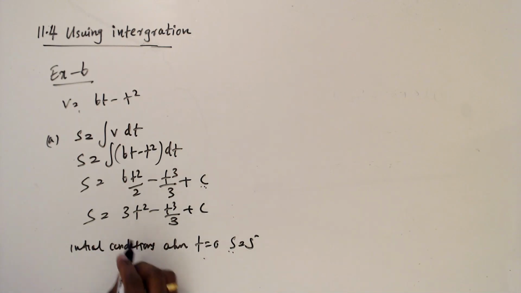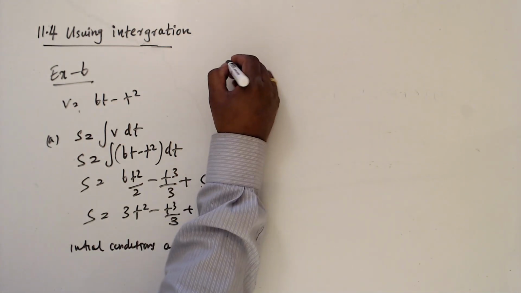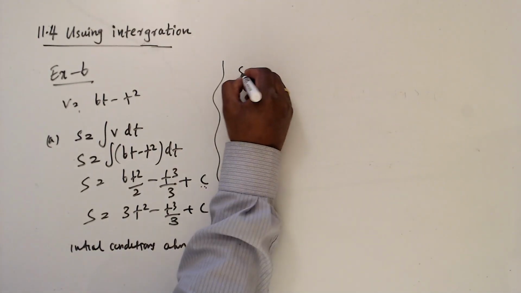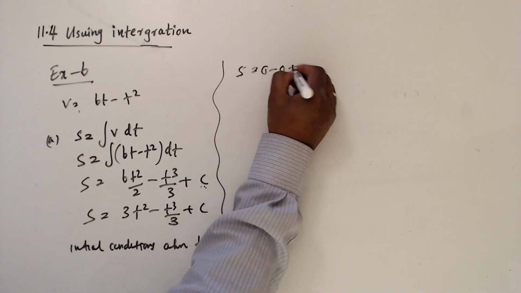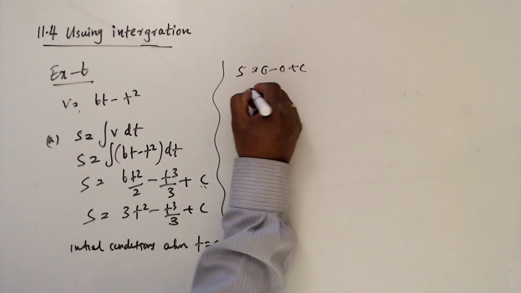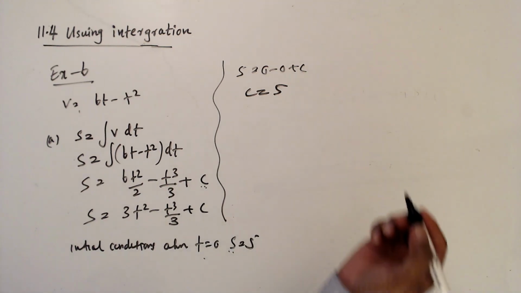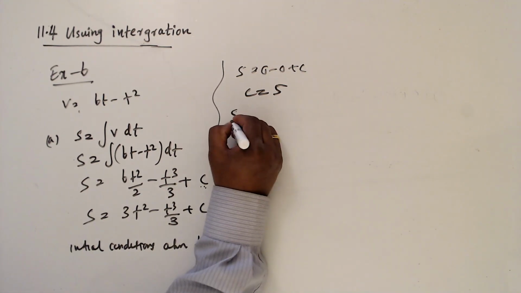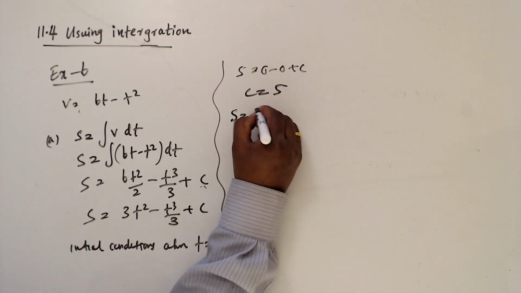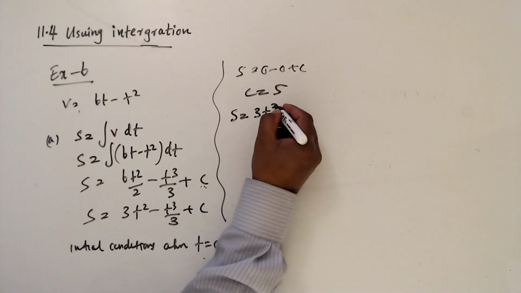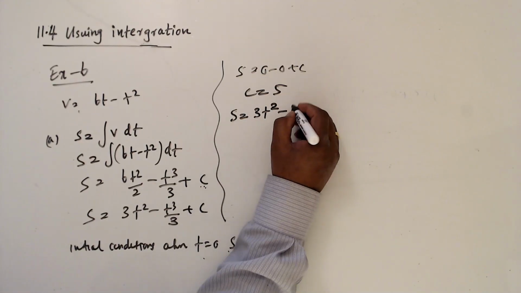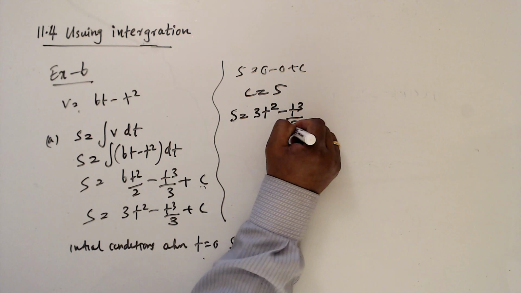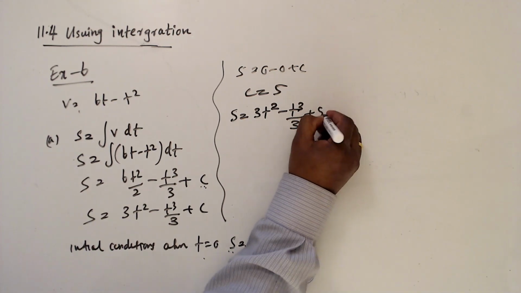So we can substitute: 5 equals 0 minus 0 plus c. So the c value is 5. Now we can write the equation: s equals 3t square minus t cube over 3 plus 5.